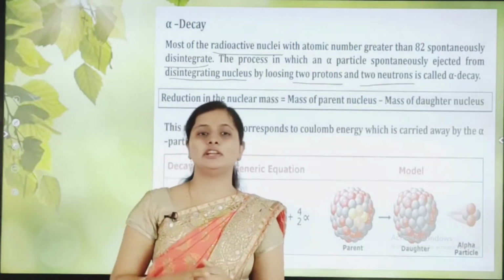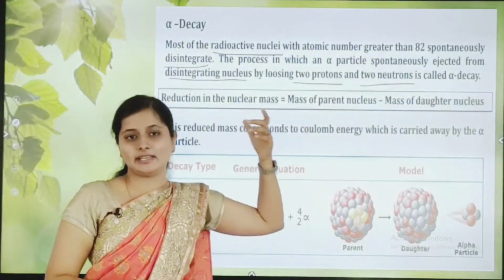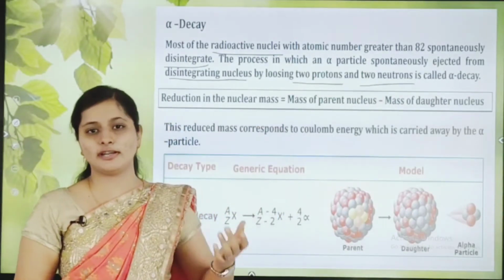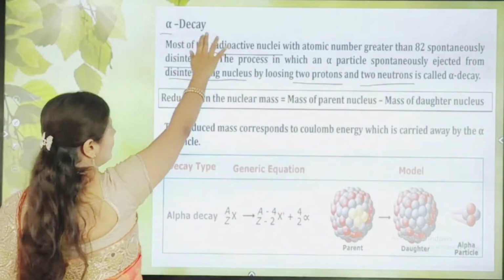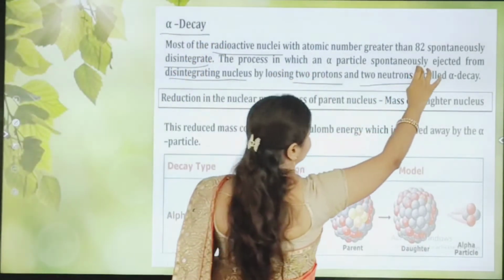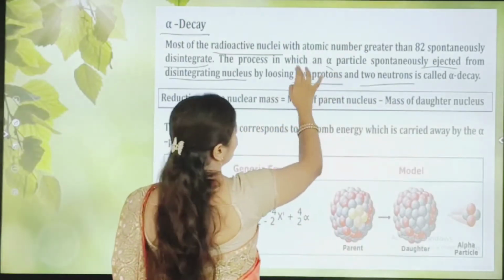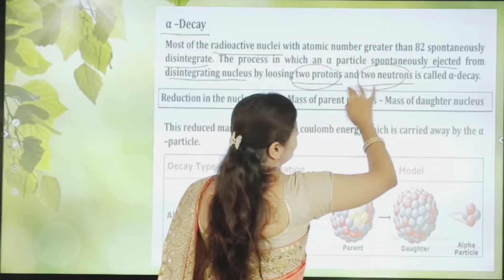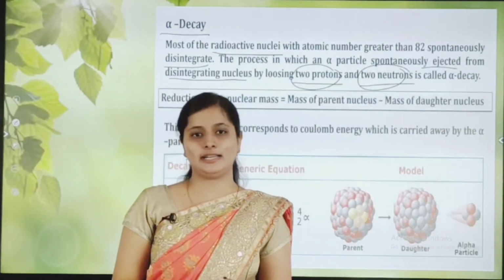We take one radioactive element, and disintegration takes place naturally or spontaneously. By the disintegration, for alpha decay, ejection of 2 protons and 2 neutrons takes place. Such a decay we call alpha decay.